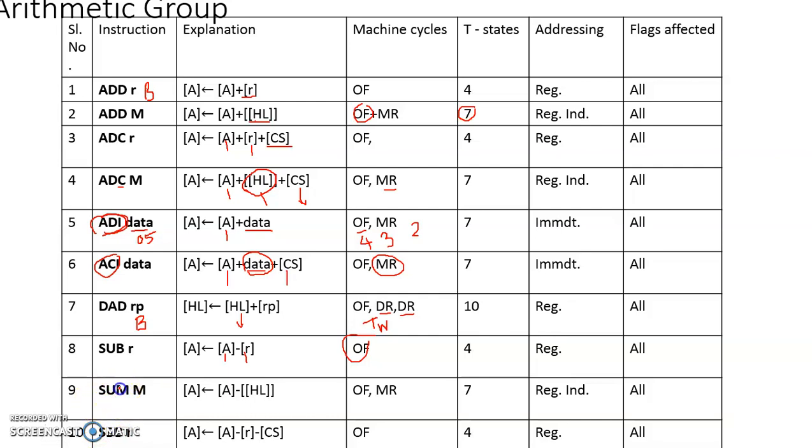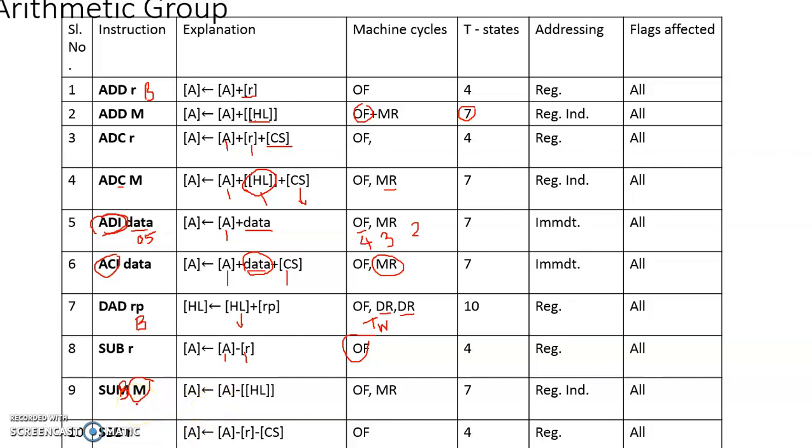Next one, SUB M. Actually this is a mistake, it's not SUM, it's SUB M. This asks the processor to subtract the content of the memory location pointed by the HL pair, M has this meaning, from the content of the accumulator and place the result in the accumulator register. This is also a 1-byte instruction. However, it will require 2 different machine cycles.